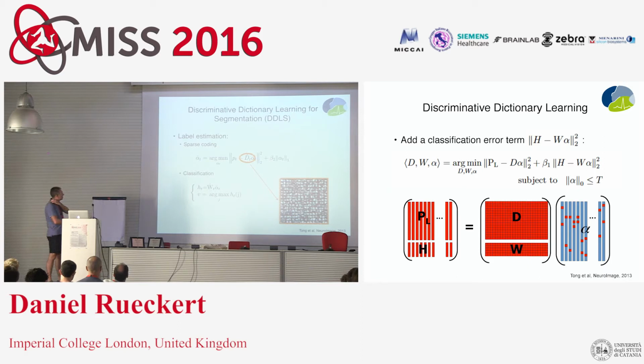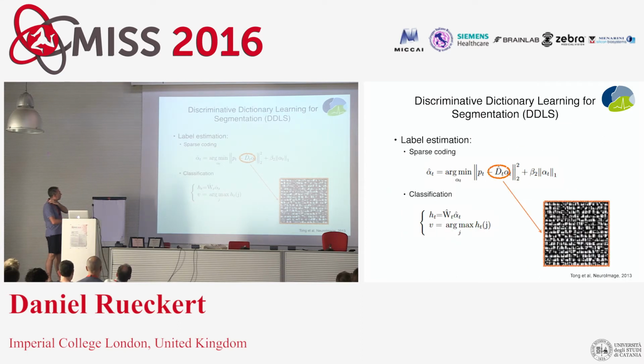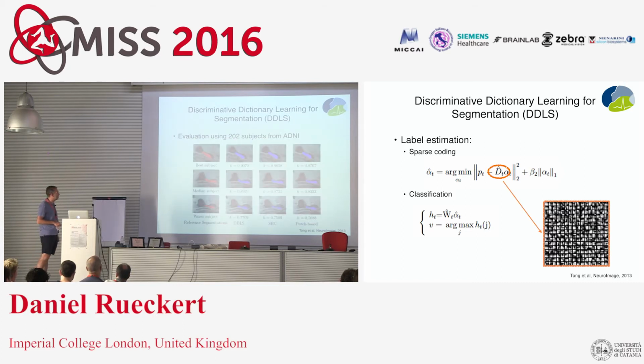And then when I do the classification, I'm simply going to compute what my linear classifier tells me, given the sparse coefficients. I'm just going to take the label which gets the highest vote from the linear classifier. So this is called discriminative dictionary learning, and that works really well for segmentation.